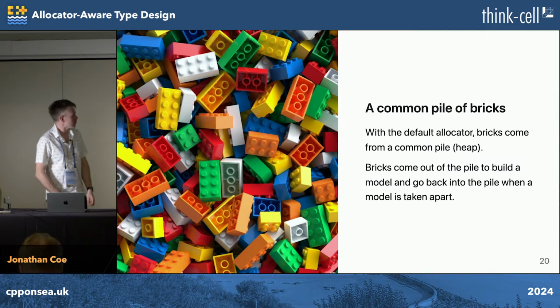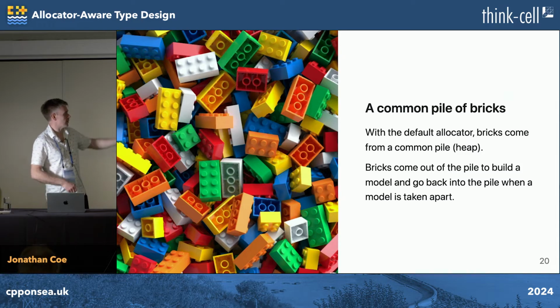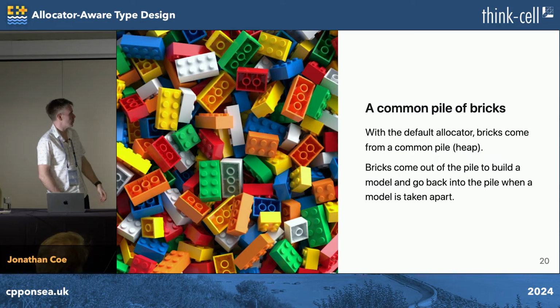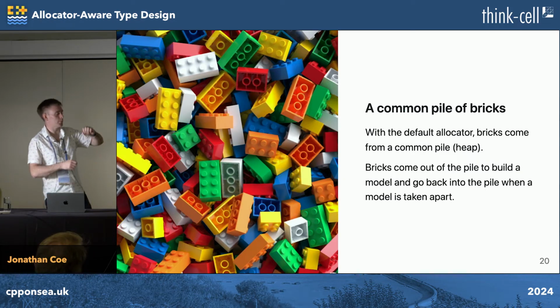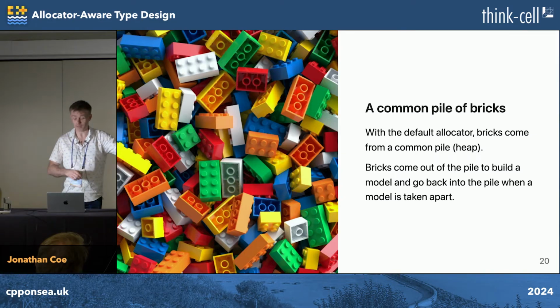So in our Lego C++ model, the Lego bricks are bits of memory, and our object is the model we're making from the bricks. So bricks come out of the pile to build a model, and when you are finished with it, or so my mother says, they should go back into the pile and not be left all over the floor.